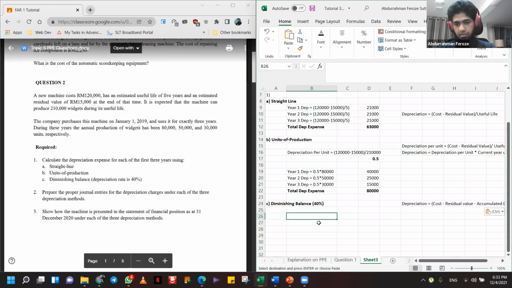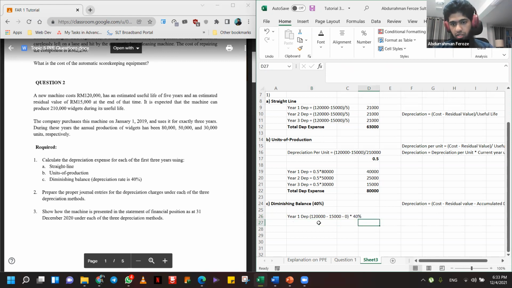In year 1, depreciation equals cost, 120,000, minus residual value, 15,000, minus 0. There's no accumulated depreciation as yet during year 1, into 40%.